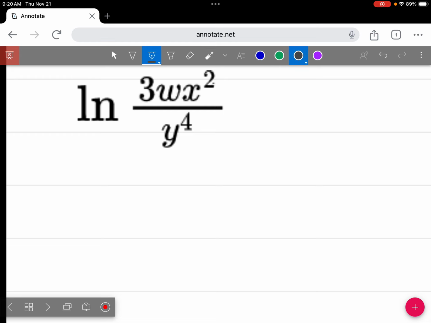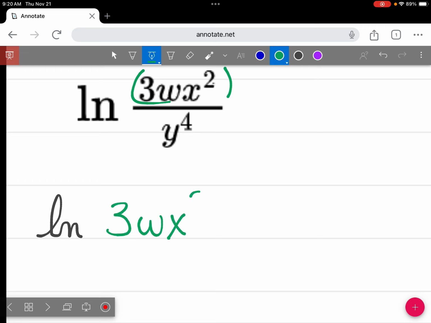So it's going to become natural log, ln, we're just going to keep using that one, of our numerator, so our 3wx squared, and division becomes subtraction, natural log of y to the fourth.